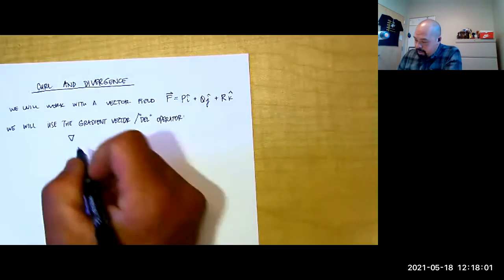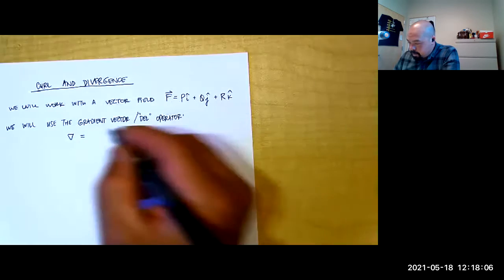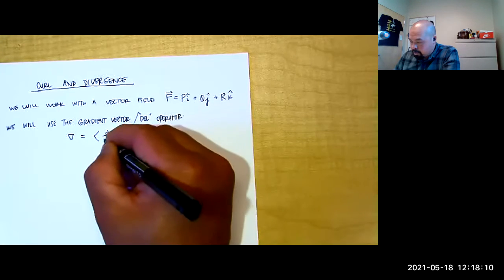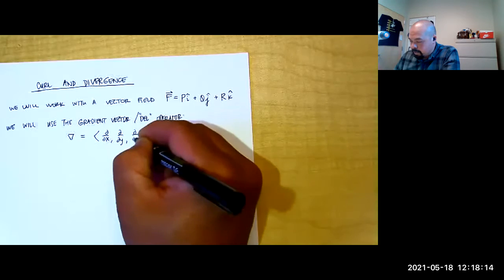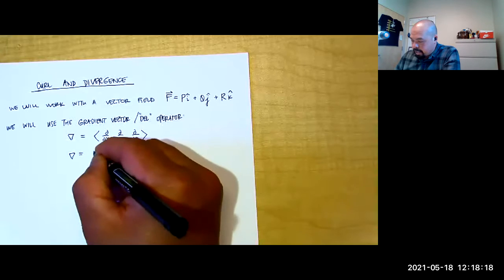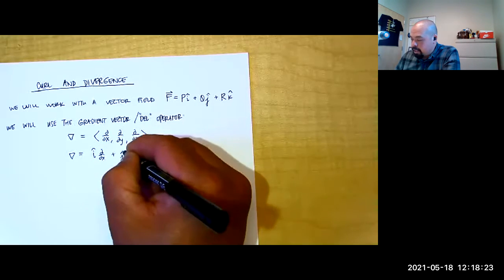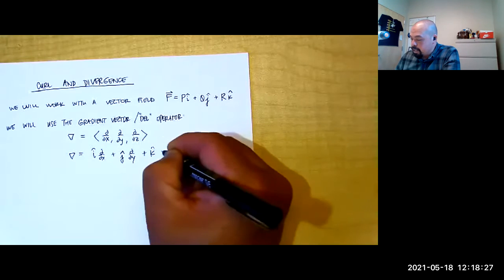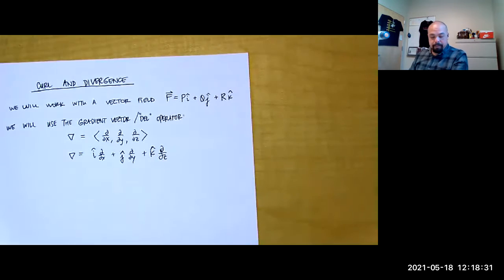This del operator is going to be this kind of vector where we have the partial with respect to x, partial with respect to y, partial with respect to z in those components, or the same, i d/dx, j d/dy, and k d/dz, those components.